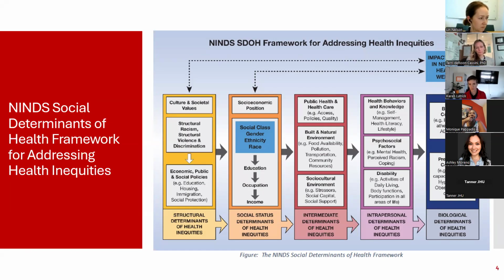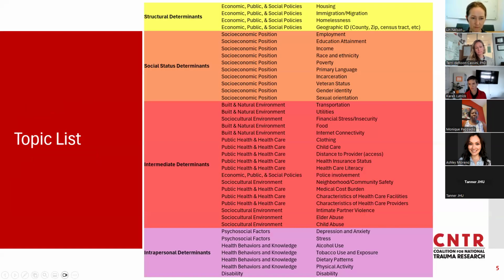Pretty much what we've done is pull the topics that came out of the literature review, based off of the sources that you all recommended. We tried to bucket them into one of these large groupings, whether it's a structural determinant, social determinant, intermediate, or interpersonal. That's what we've done so far, and broken it up into these topics. There's a lot of information here.